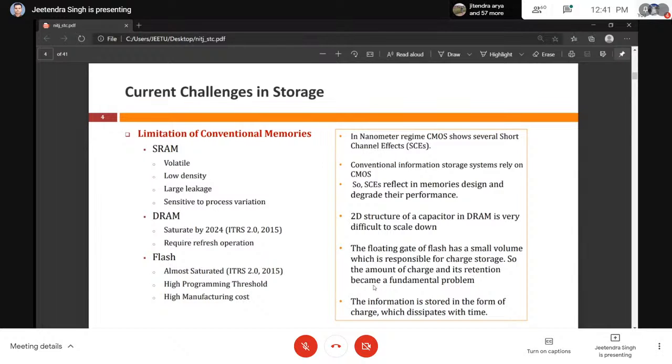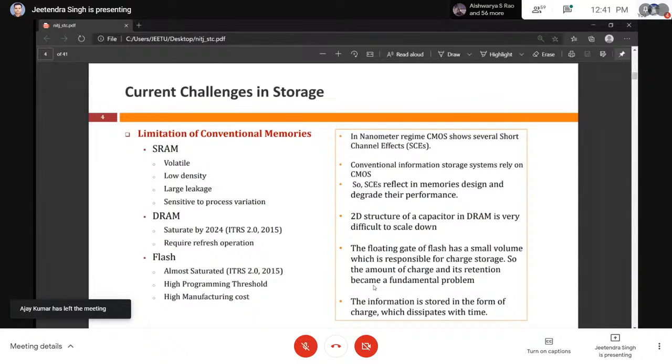Also, it is sensitive to process variations. If you talk about the DRAM, the scaling of the capacitor in the DRAM is very difficult. We can scale down the transistor to the 22 nanometer or 10 nanometer node, but it is very difficult to scale the capacitance or capacitor of the DRAM.